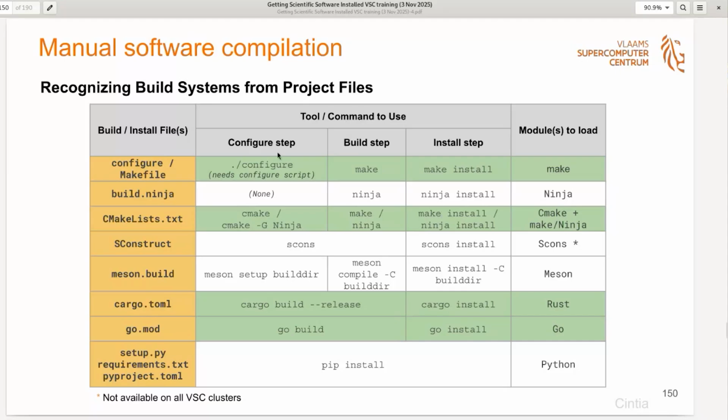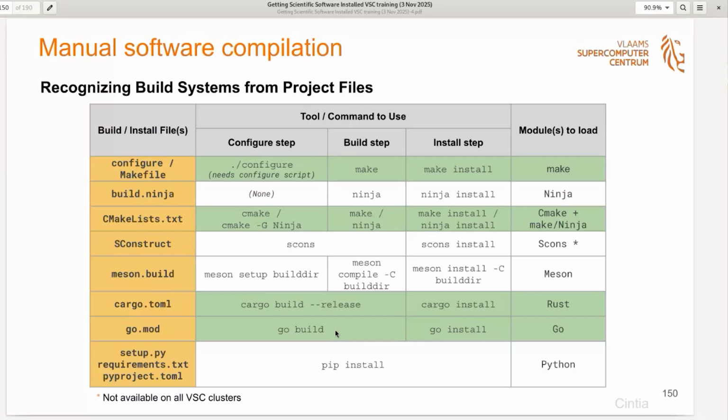If you see some kind of configure script, you can also usually run configure and then make install. We saw that with cargo, if you have a Cargo.toml, you can use cargo, and if you see a go.mod, you can use go.